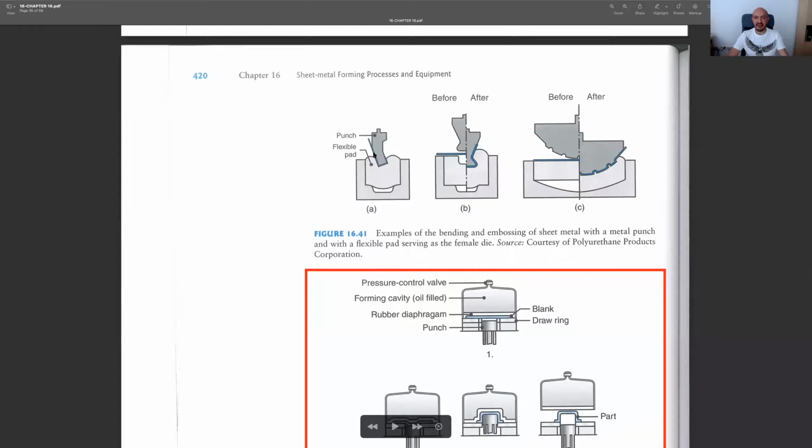You see, it takes an L shape, and in this one it's a bit different, and we have such a shape here. And in the last one, it's more complicated. We have no actual features on the female die. It's a flat one, and as you see before the process, this is the case. But after you move the punch into the die, our sheet metal will take the shape of our punch.